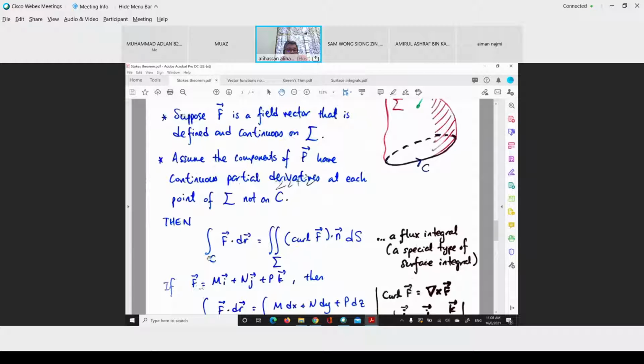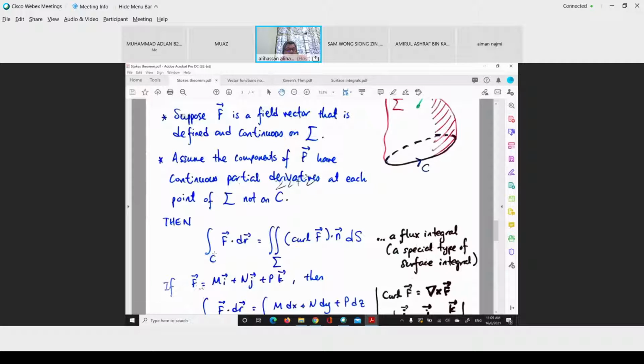Now, according to Stokes' theorem, this line integral is also equal to a double integral on the surface. This line integral on the left is three-dimensional, where C is a curve in space.